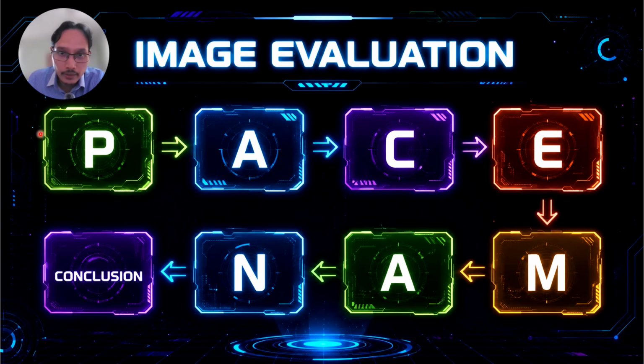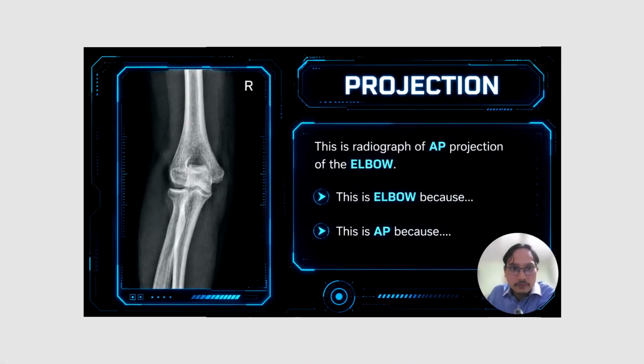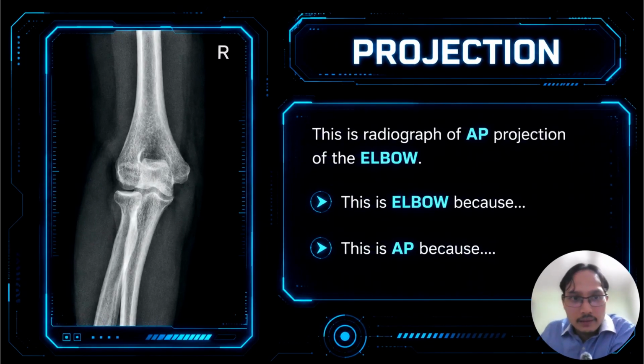First, we are going to evaluate projection and positioning. This is a radiograph of AP projection of elbow. Every projection identified on a radiograph must be supported with appropriate image criteria and anatomical evidence.